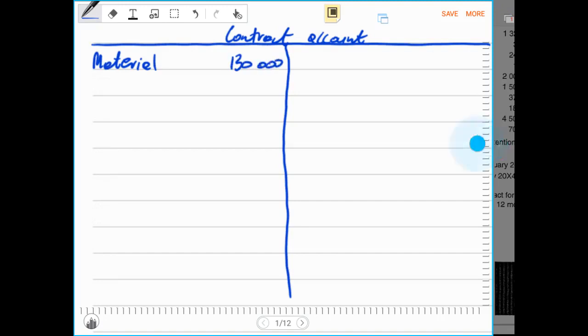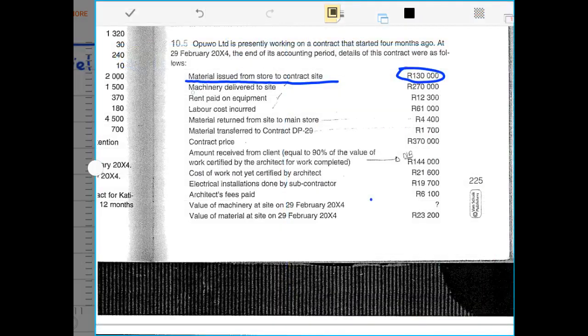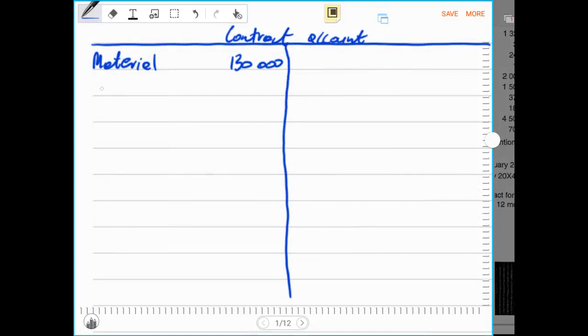All the expenses that increase the contract account are recorded on the debit side. Then we have machinery that was delivered on site, and this machinery had a value of 270,000 rands. So now the machine was also for this contract. So now this will be recorded on the debit side at the cost of the machine.